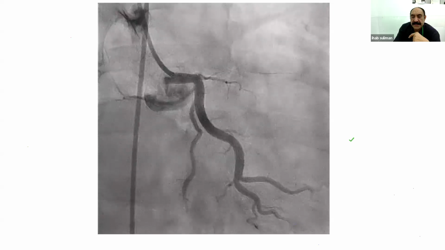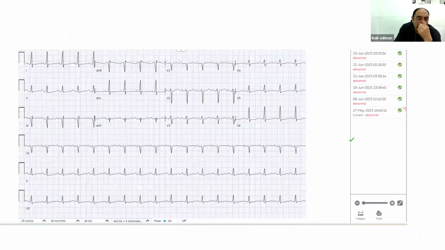Let us take this example of a patient who is very sick in the ICU. What catches your eye on such an ECG? This patient had hundreds of cardiac arrests in the ER.